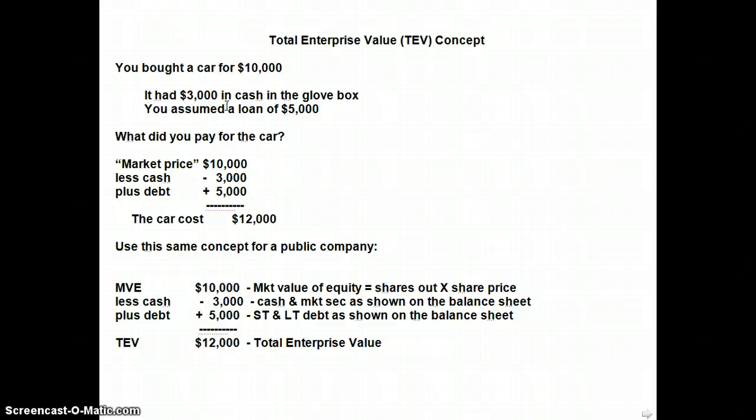Or you might say this is a volatile industry, this is a difficult industry, and I need to have a cash reserve in case something goes wrong. Otherwise, I will perhaps go bankrupt, and you don't want that. So this is a simple concept, and it's easily applied to companies in the public markets.